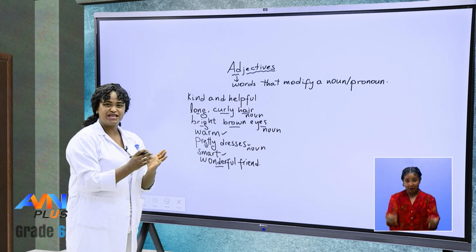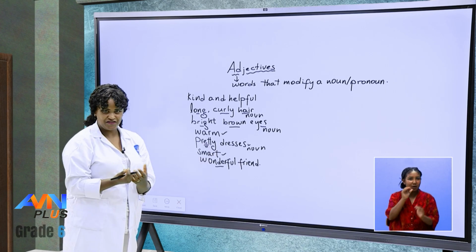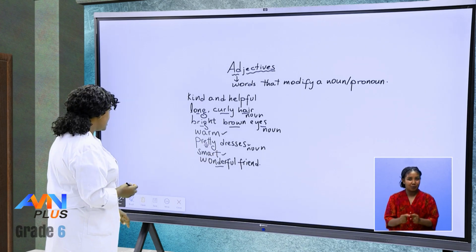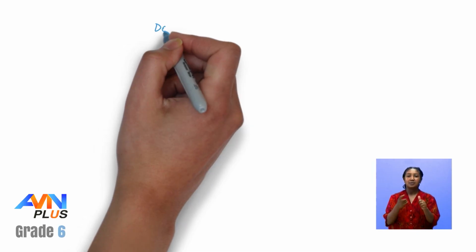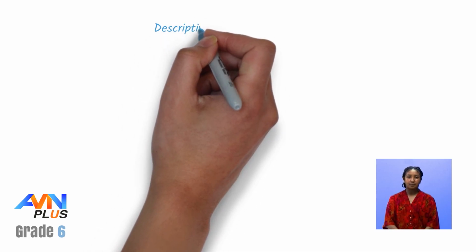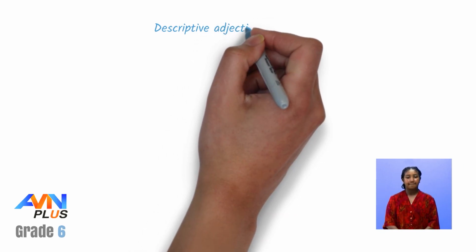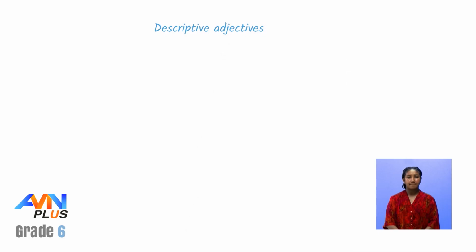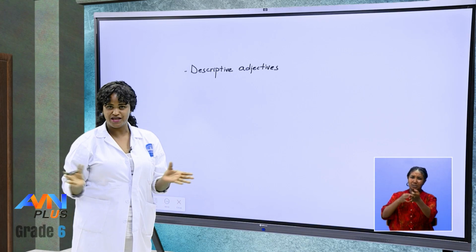Now let us see the group of adjectives, how they are classified. Okay? Let us see how we classify adjectives. The first ones are descriptive adjectives. Okay? These are the kind of adjectives that can help you to describe something. How?